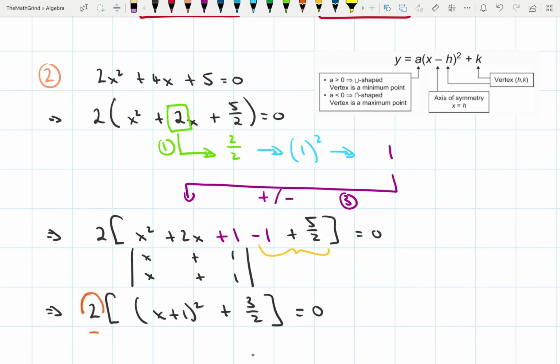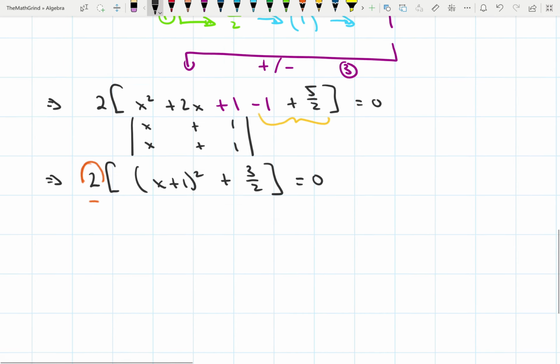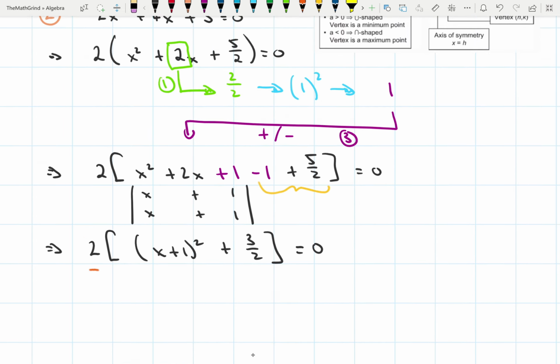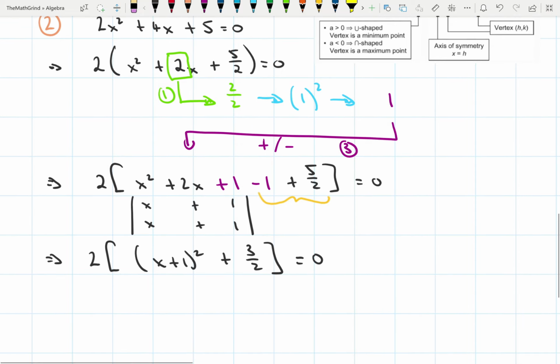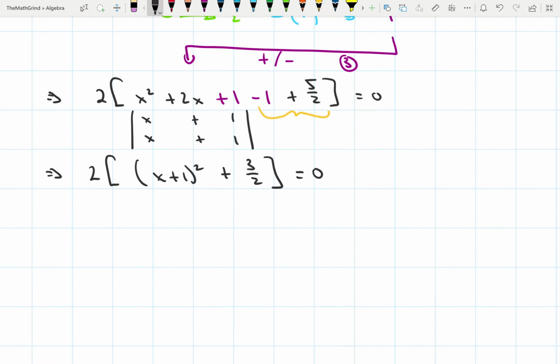It isn't being multiplied by this k value. So all that means is that down here I have to multiply the 2 out, the 2 times the 3 over 2. So it's going to be 2 times x plus 1 to be squared plus the 2 times 3 over 2 will leave me with 3, and that's equal to 0.